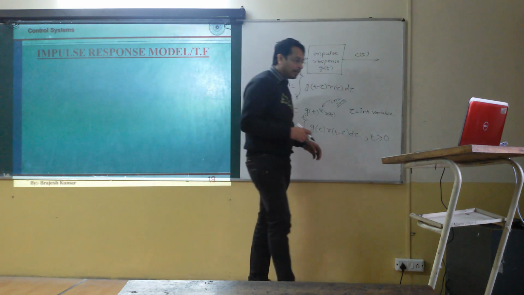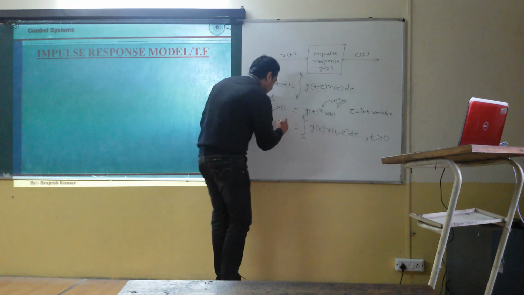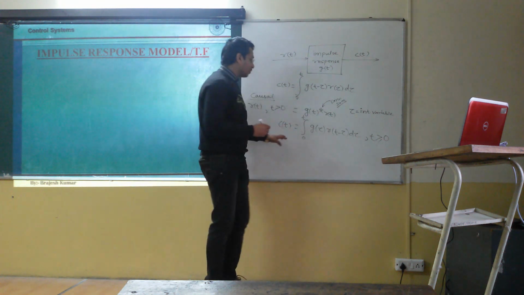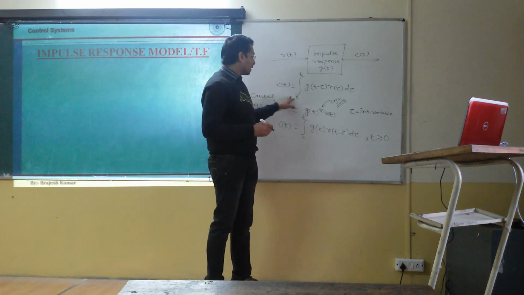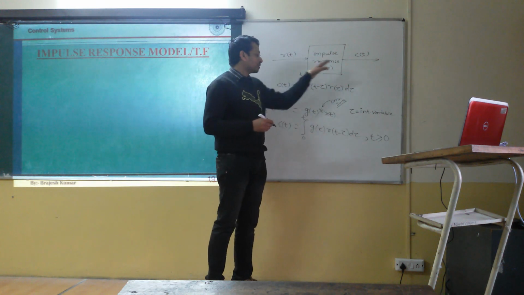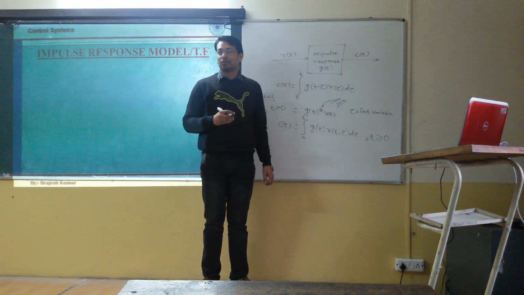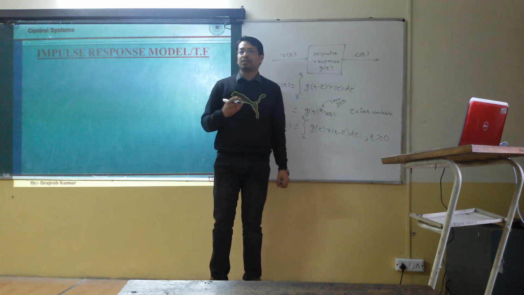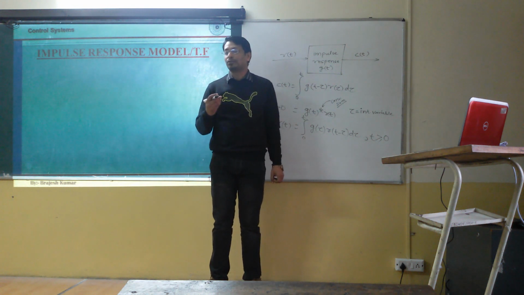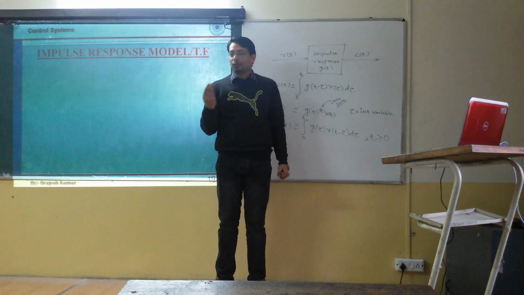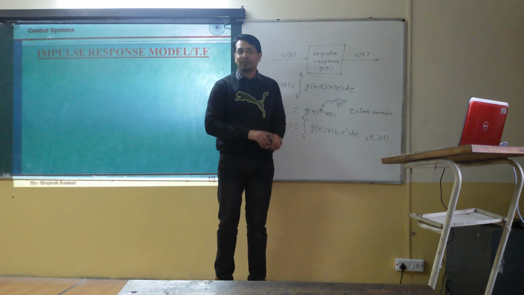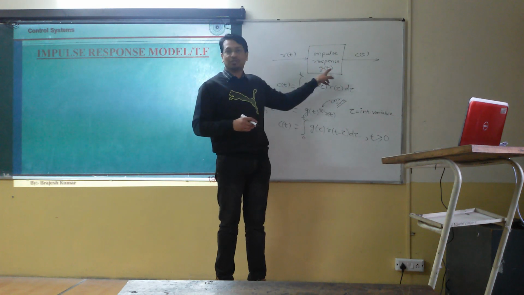Now, if you are able to do this convolution sum, and if you are given the input and the impulse response of the system, by impulse response I mean that if you provide an impulse signal as input, whatever output comes is what I am going to represent as g(t).